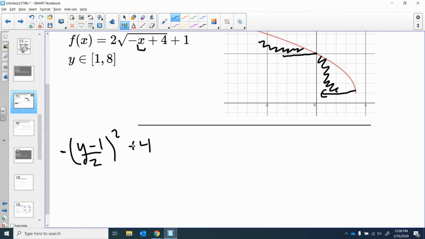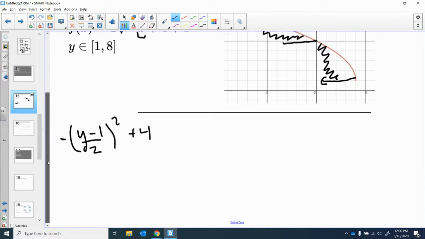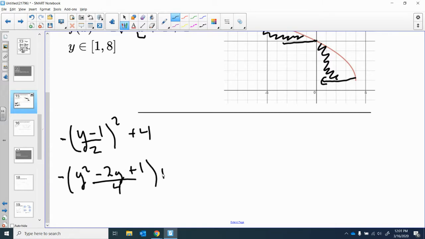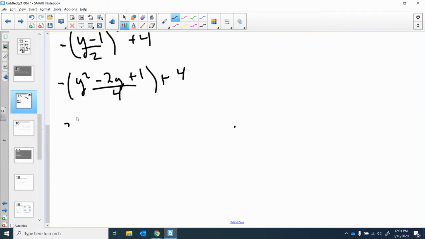So I'm going to integrate this function, but I can tell you that I'm definitely going to clean that up. So this will be negative on the outside, y squared minus 2y plus 1 all over 4 plus 4. This is going to be a little bit tedious. So negative 1/4 y squared plus 1/2 y plus 1/4.